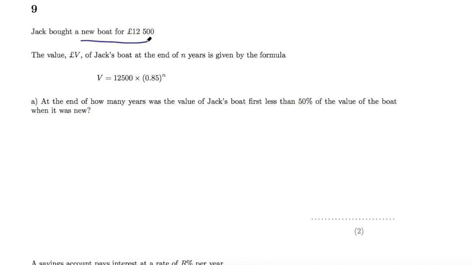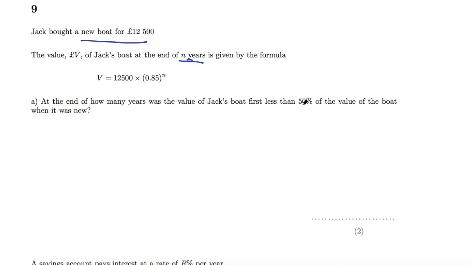Okay, so the value of the boat when it was new was 12,500, and we're taking the current value as the new value multiplied by this number here, 0.85 to the power of n years.